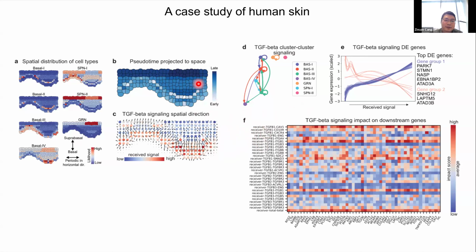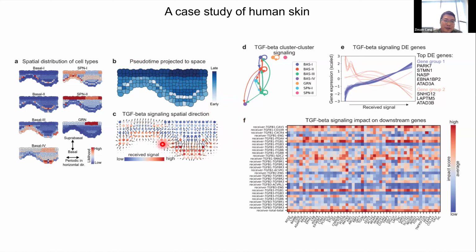In this data set, we ran this cell-cell communication analysis and got the directionality of cell-cell communication. We find that the TGF-beta signal interaction agrees very well with the known developmental trajectory annotated by the pseudotime projected to space.